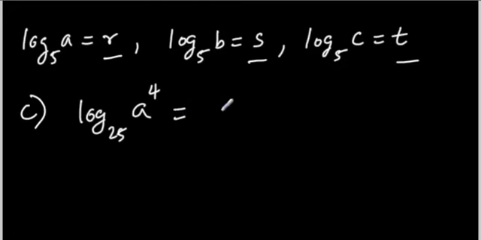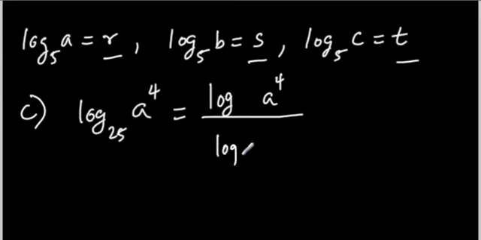So here's where the base change really, really helps. So remember that rule where if you see something like this, this just becomes log a to the power of 4, and this becomes log 25, and I want to change the base because I don't want the base to be 25. So I can choose a base of 5. So now this makes life a little bit easier for me. So I can bring the 4 down.